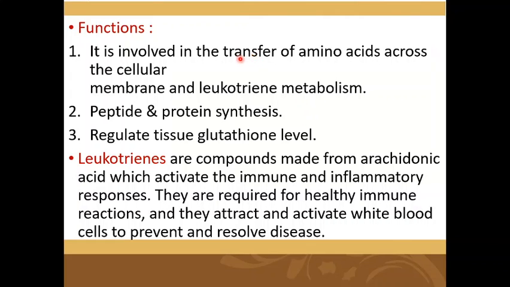Functions: it is involved in the transfer of amino acids across the cell membrane and in leukotriene metabolism, peptide and protein synthesis, and regulating tissue glutathione level. What are leukotrienes? Leukotrienes are compounds made from a 20-carbon unsaturated fatty acid known as arachidonic acid, which activates the immune and inflammatory responses.